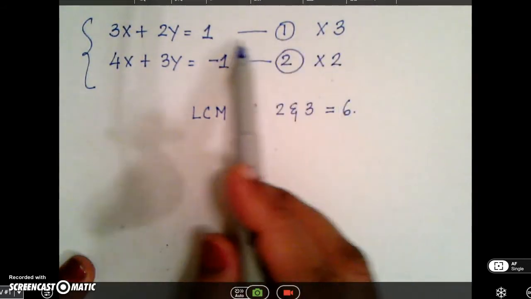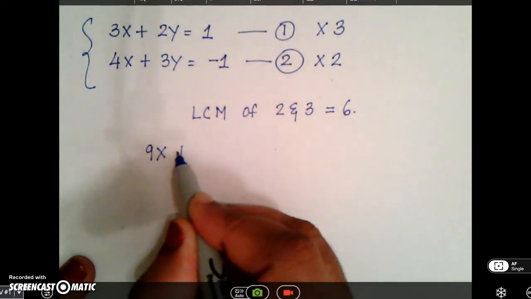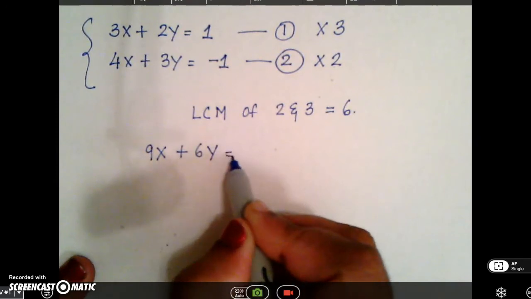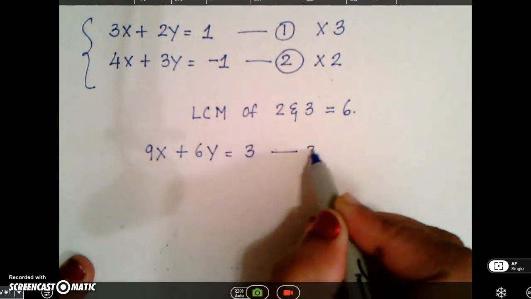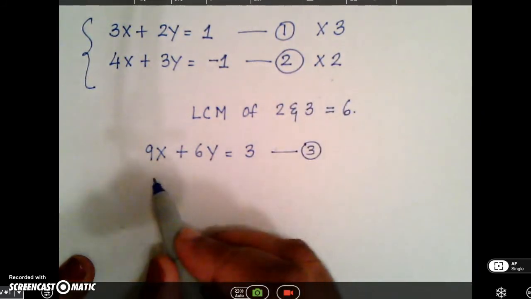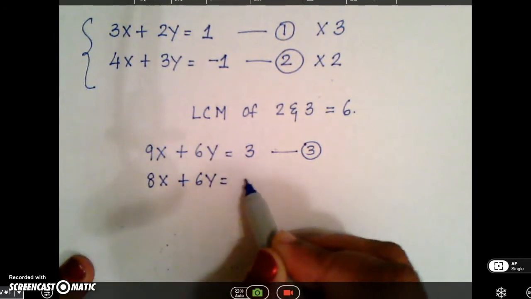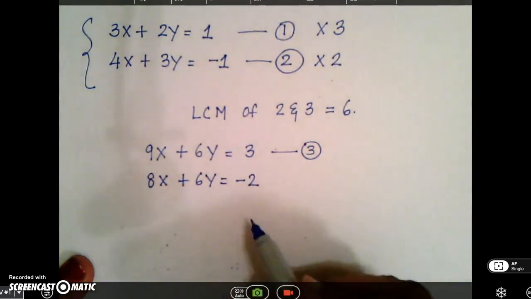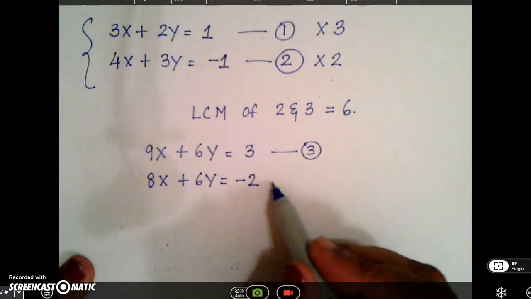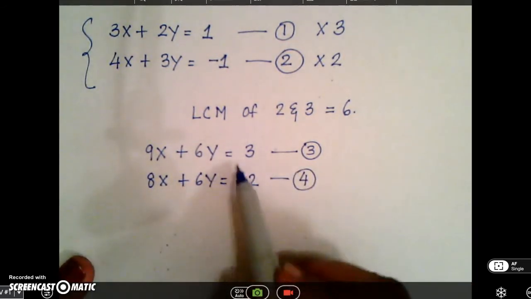So if I multiply the first equation by a 3, I get 9x plus 6y equal to 3. That's my equation number 3. If I multiply the second equation by 2, I get 8x plus 6y equal to negative 2. Same thing, right?